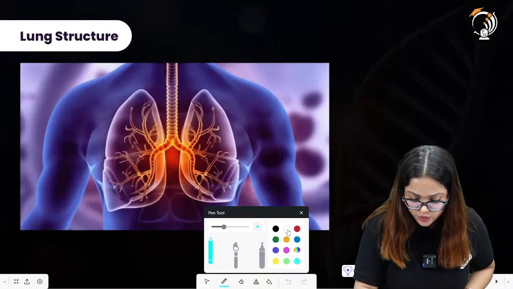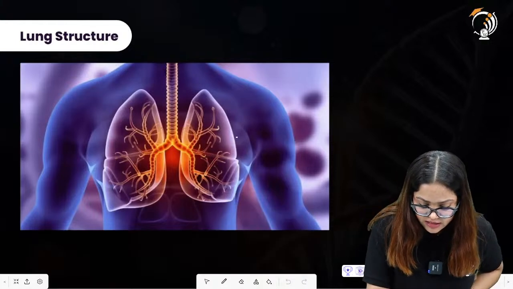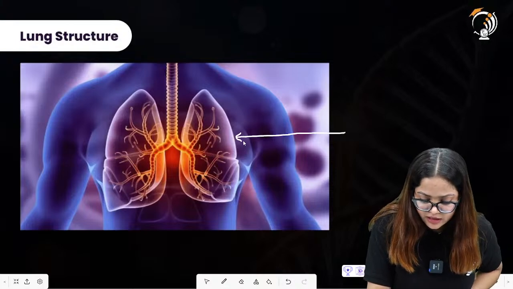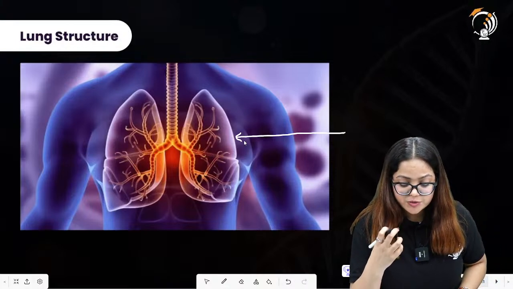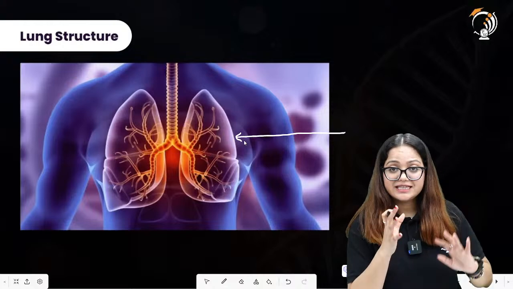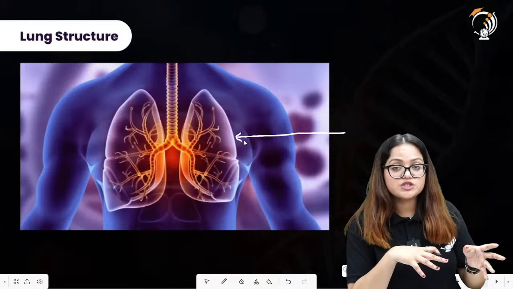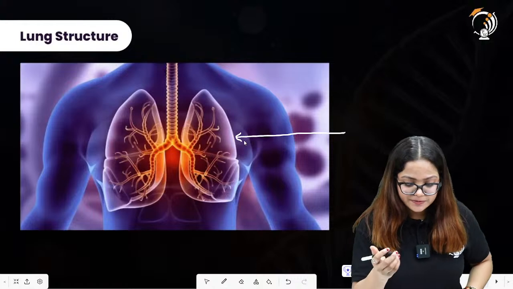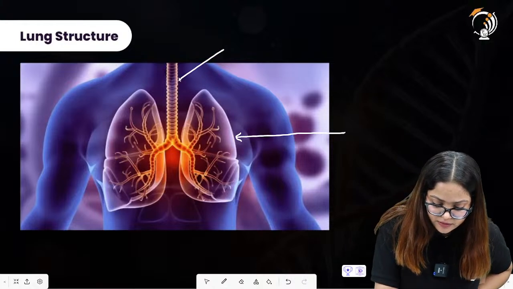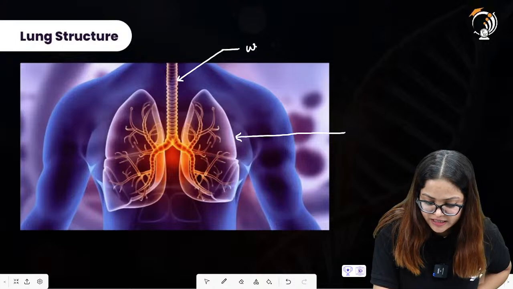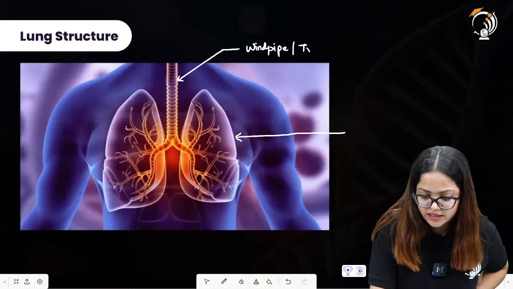Let us label this together here. What is this? Alright, so you tell what is this lung here, in which position it is placed. Is it the right position or the left position? Try to tell. By the time I label all the other structures here, what is this? This is representing the windpipe, or you simply call it the trachea.